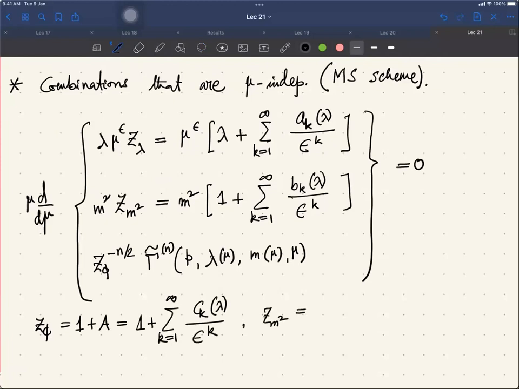Zm squared equals 1 plus b times z phi inverse, and z lambda is equal to 1 plus c times z phi to the minus 2.